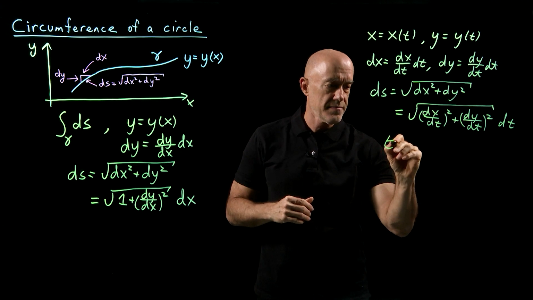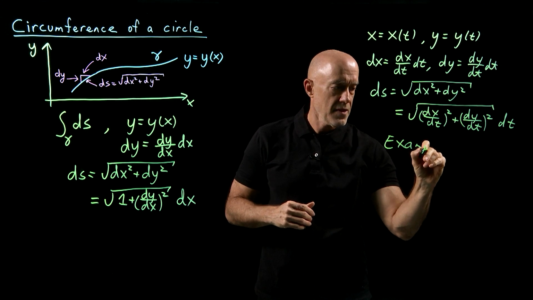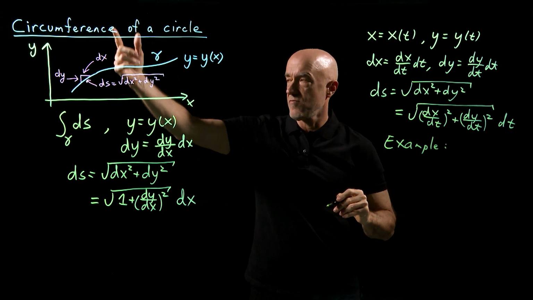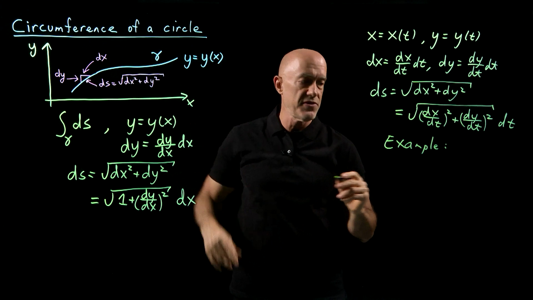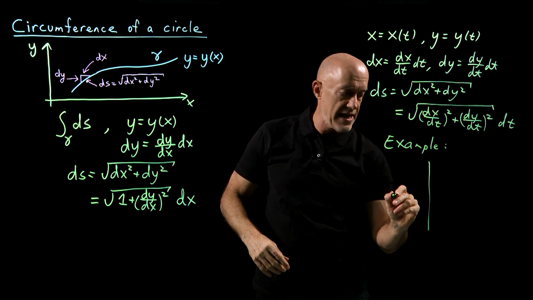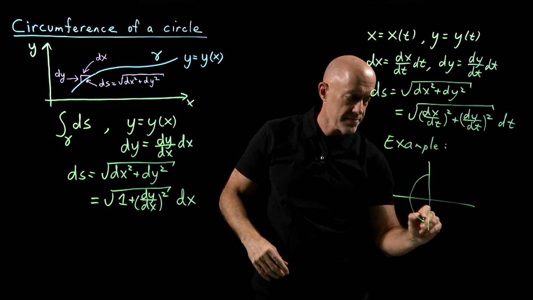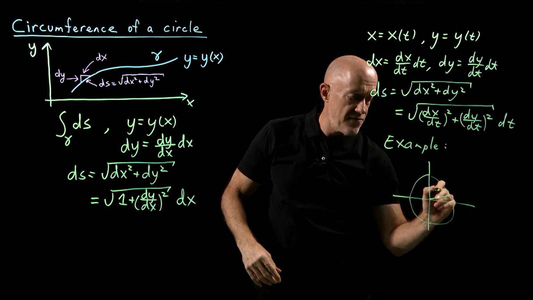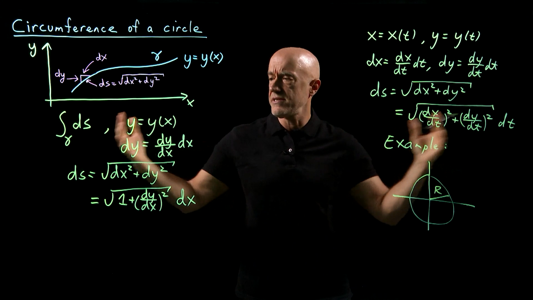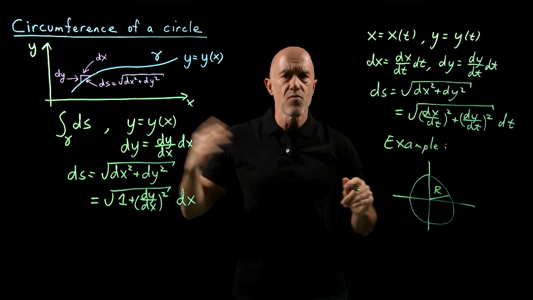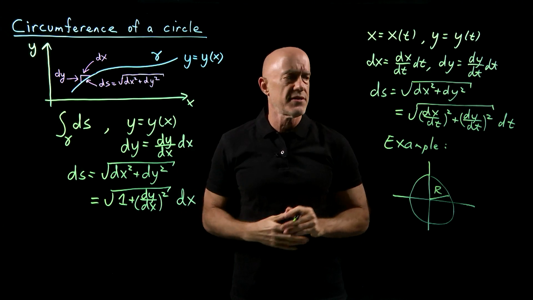Suppose we have a circle, which is the name of this lecture, Circumference of a Circle. So we look at a circle, and it will have radius r. We can do this in two ways, but I'll leave one way for your homework assignment.